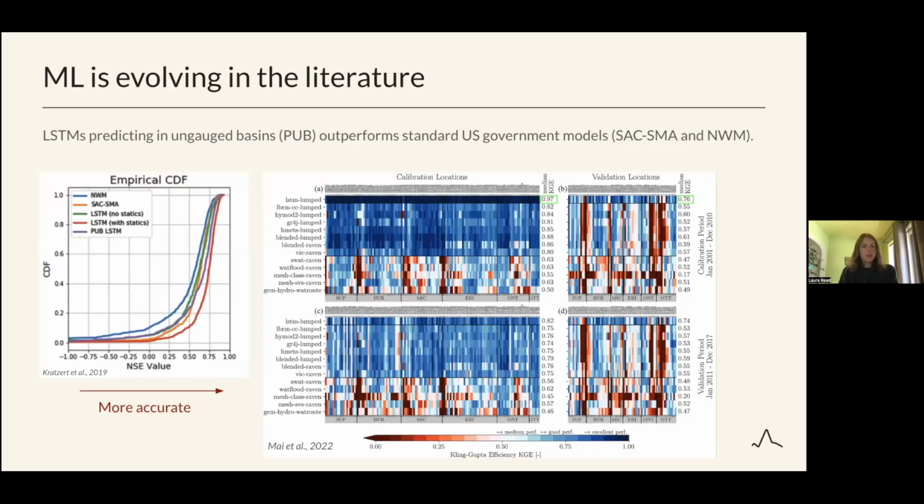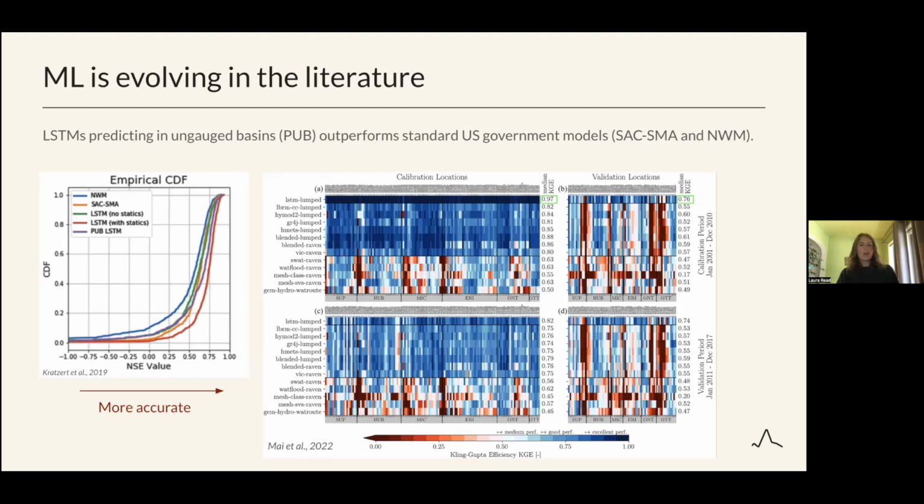Fast forward to not even a year later, again the same core group, Kratzert et al., 2019, a second paper, took an LSTM that was untuned, so a model that didn't have information about the gauges. We can call it an ungauged prediction, and compared that with these government models. The SAC-SMA is one that we talked about earlier.